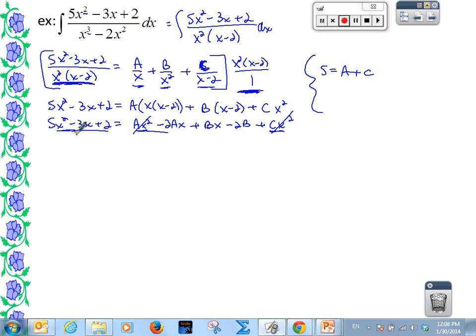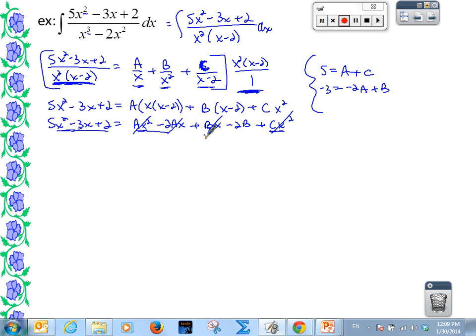All right, so let's collect the coefficients of the x's. So my negative 3 would equal, over here I have a negative 2a as a coefficient of an x, and I have a b as a coefficient of an x. And I'm done with the x's.